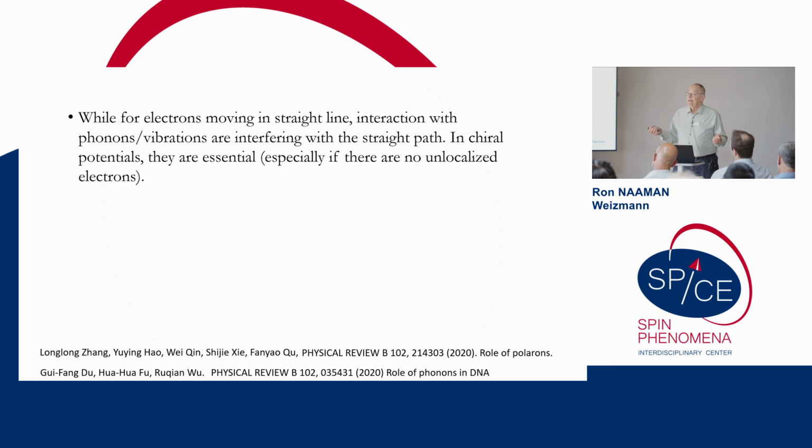And secondly, you know that every interference by phonons or electron collision destroys the conduction. So you want to avoid any interaction with anything. That's the ideal condition for electron motion on a straight line.